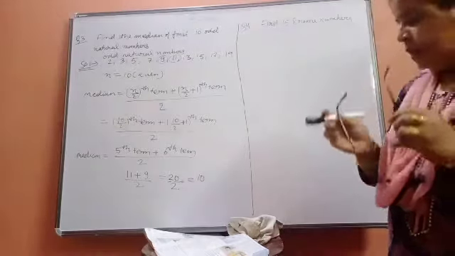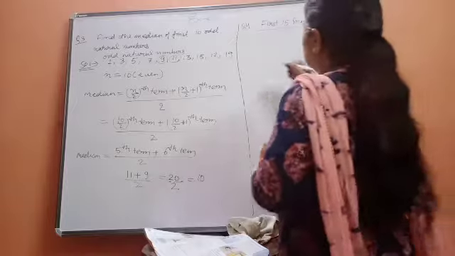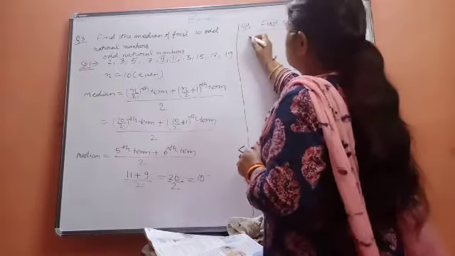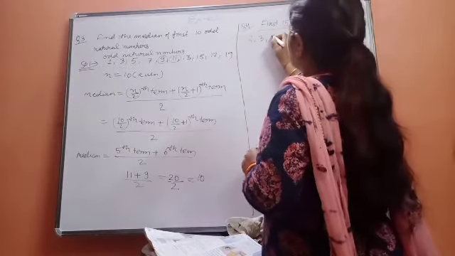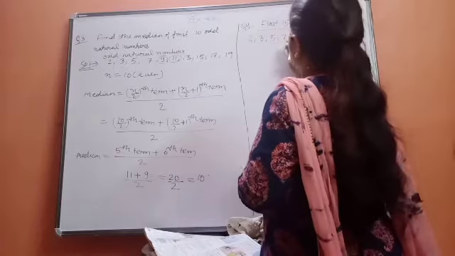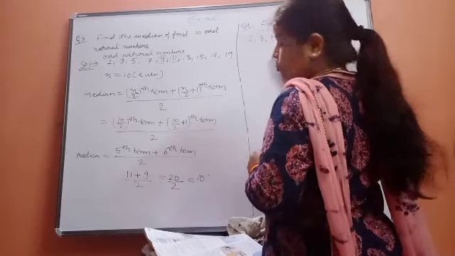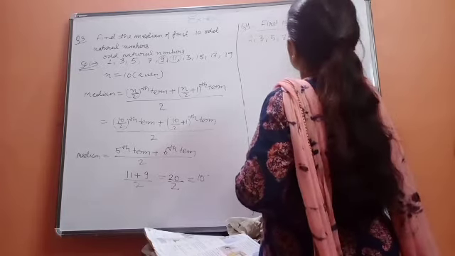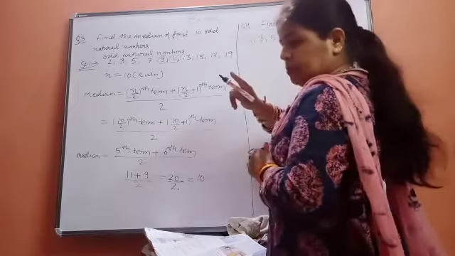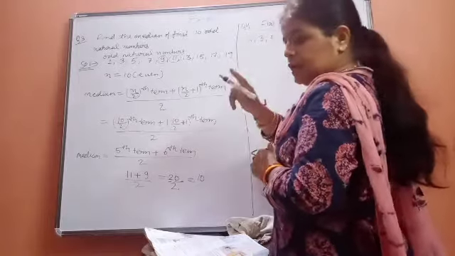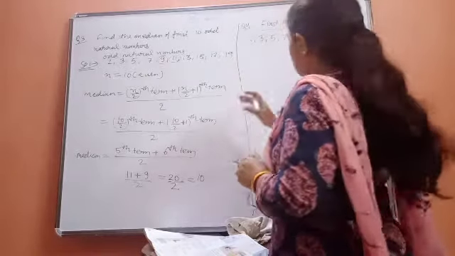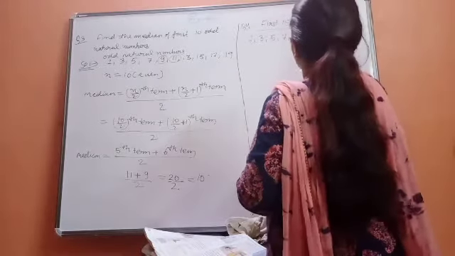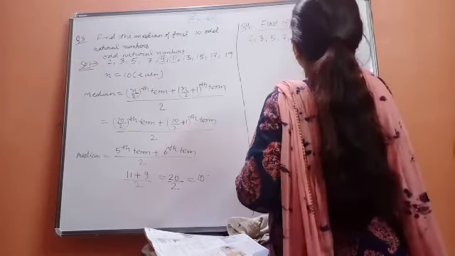For example, the first prime number is 2, then 3, 5, 7. 9 comes in other tables also, so 9 is not a prime number. Then 11, 13. 15 is not a prime number. It comes in the 5 table also, in the 3 table also, and its own table also. So it will not be a prime number. Then 17, 19.